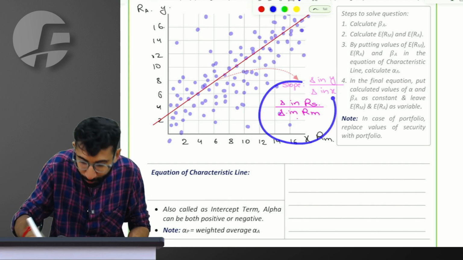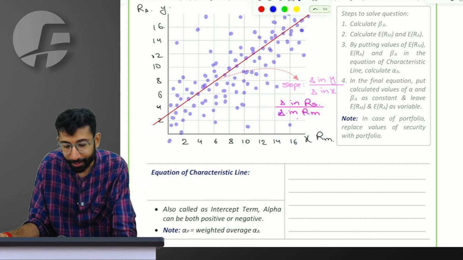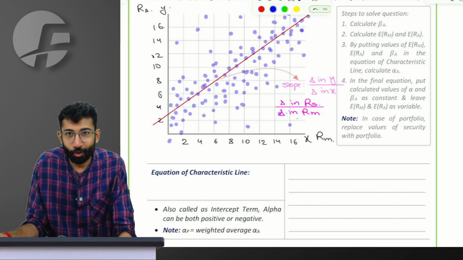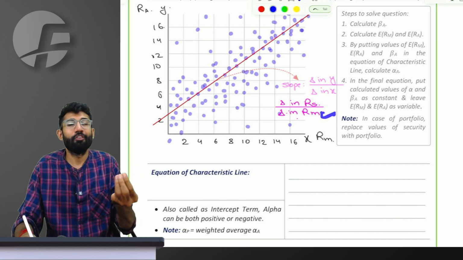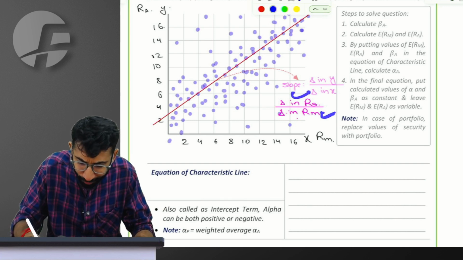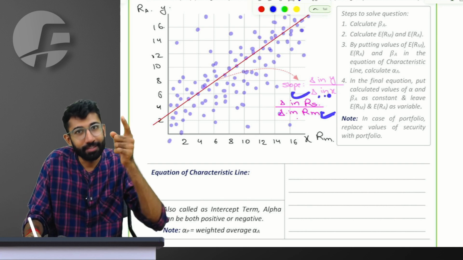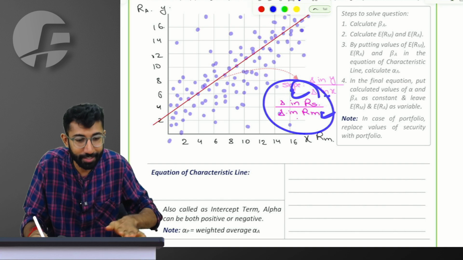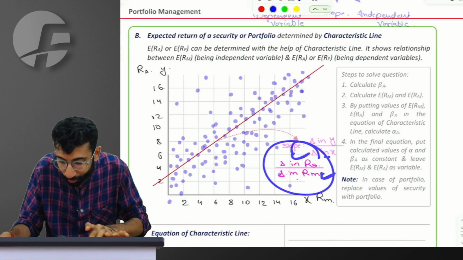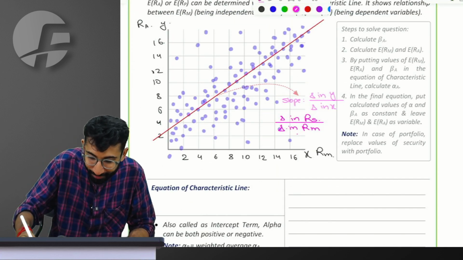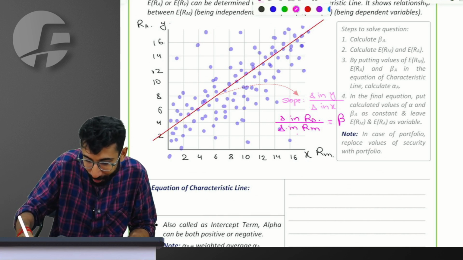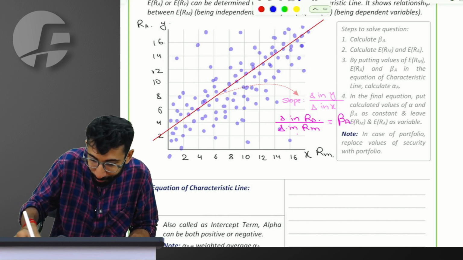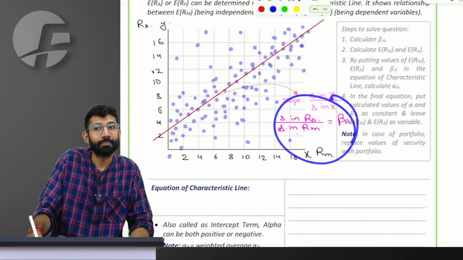If you observe this formula really well, what do you see, everyone? Due to change in return of market, how much is the return of security changing? That is nothing but the beta of the security, people.